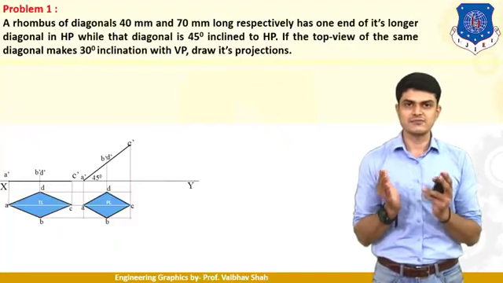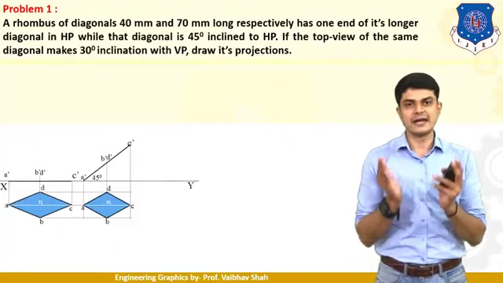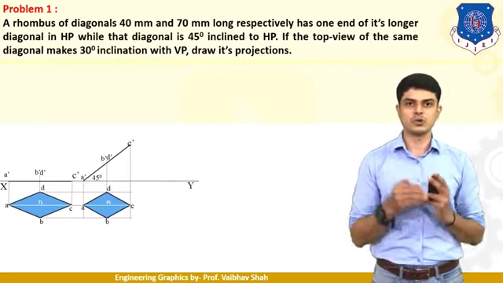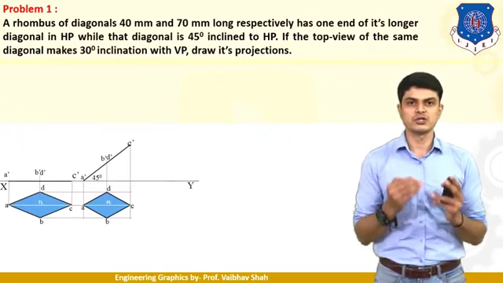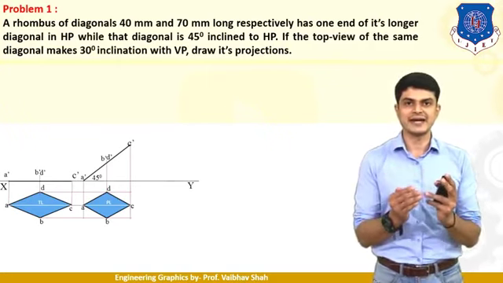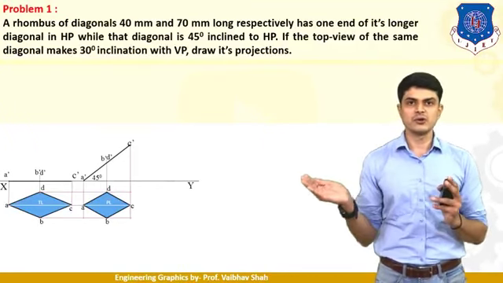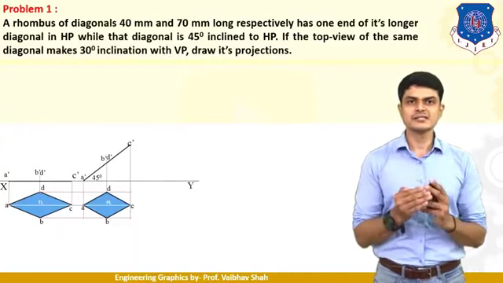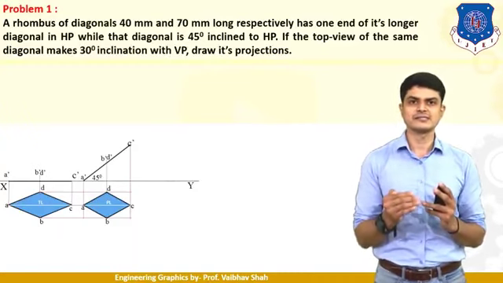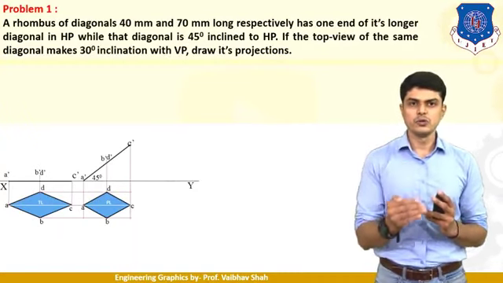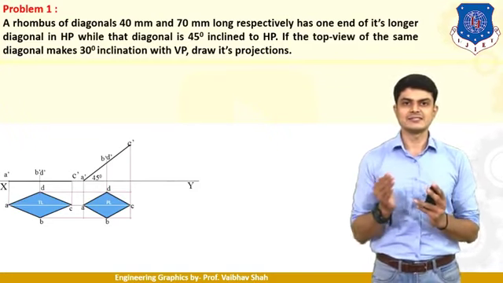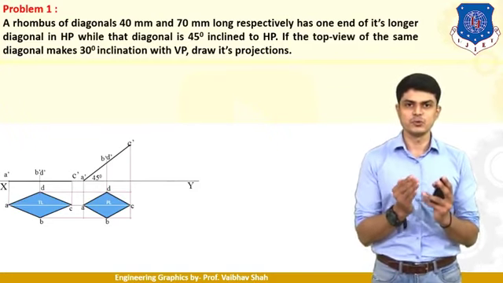But in second stage, when your line gets inclined, you are having the second view as your top view, which is not of a true length and which we can define as our plan length, or you can say top view. So here the horizontal line is described by a plan length, or you can say a top view. So the diagonal is changing in the length in the second view.